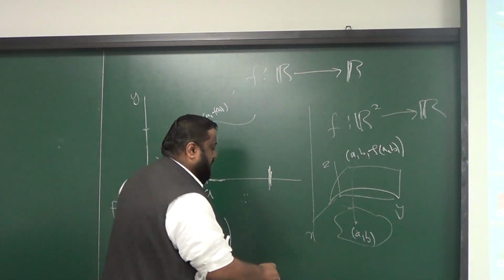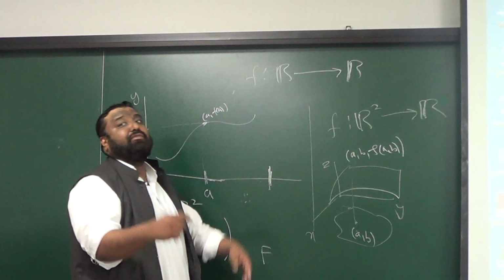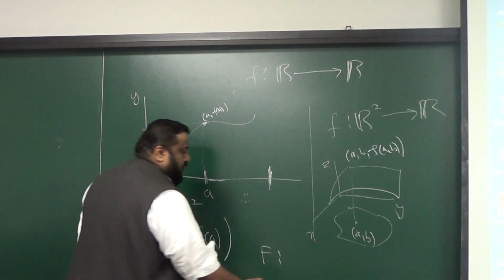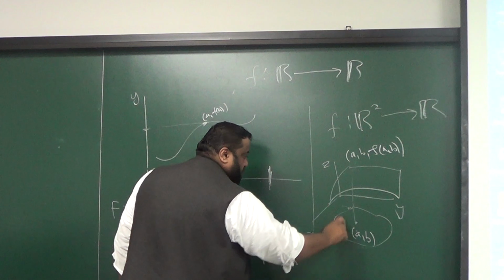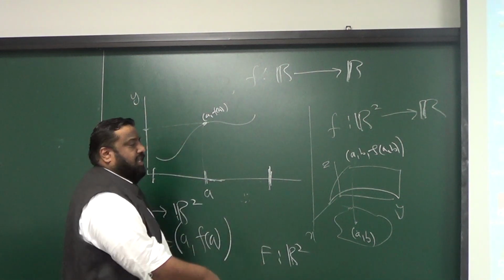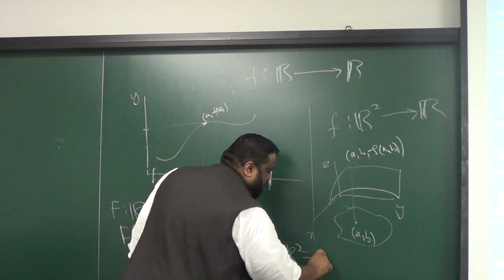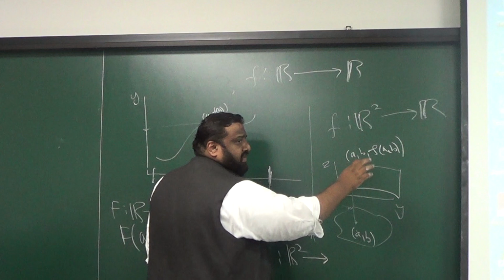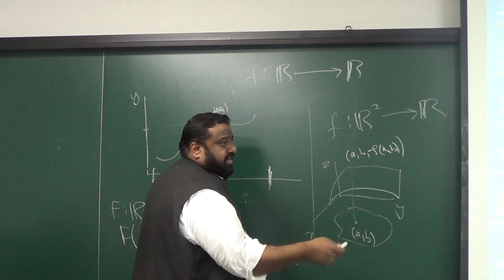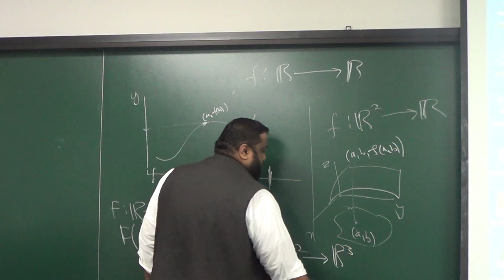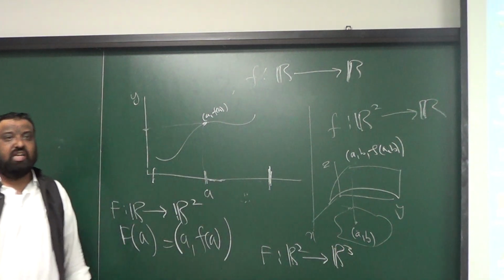So I can say I have a map F, the graph map, that takes input from the domain, part of R2, and throws it onto a point on the surface. Whatever surface means, we'll technically define it afterwards. So that's going to be a map from R2 to R3.